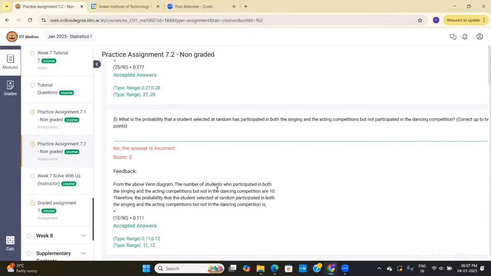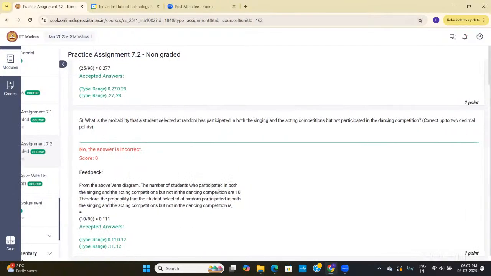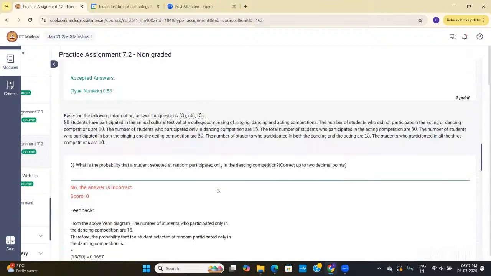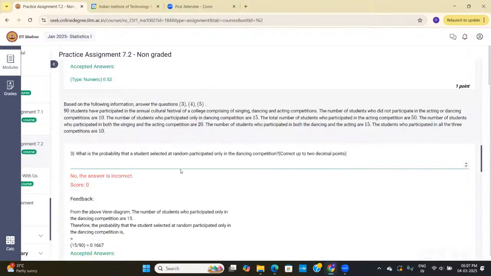Okay, this question. For question number 5, this is the information given. 90 students have participated in the annual cultural festival of a college comprising singing, dancing, and acting competitions. The number of students who did not participate in the acting or dancing competitions is 10. The number who participated only in dancing is 15.